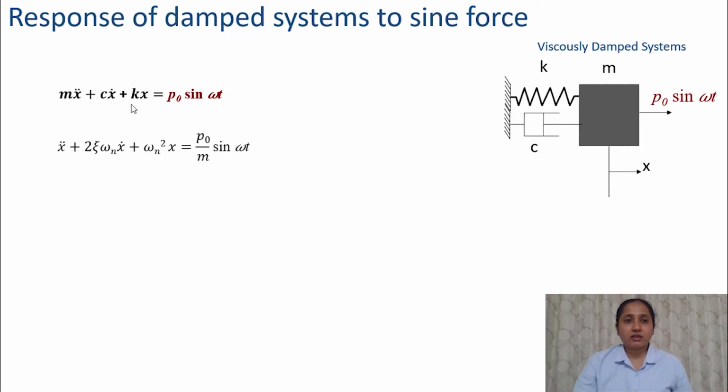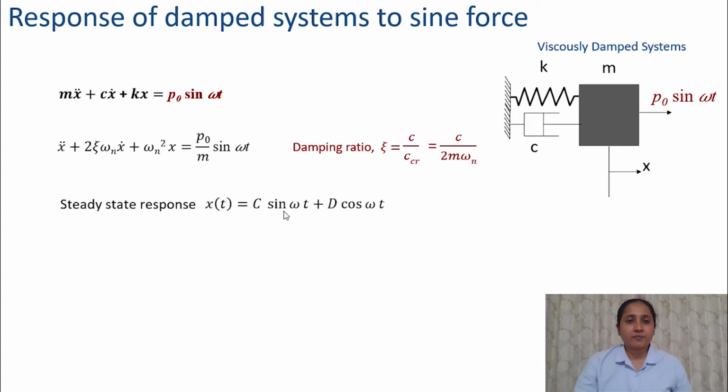We can rewrite this equation like this, where the damping ratio is defined as c by c_cr, and the critical damping coefficient is 2 m omega n. The steady state response of this system is of the form C sin omega t plus D cos omega t, where omega is the forcing frequency.